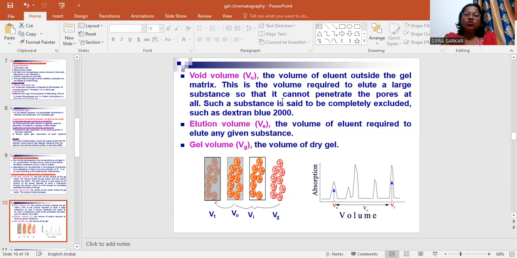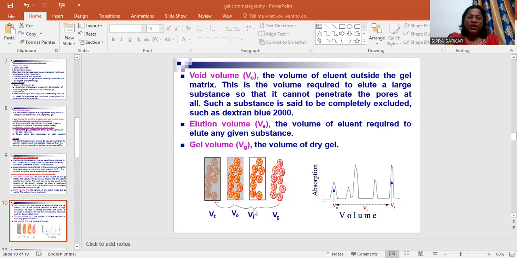Now gel volume, the volume of the dry gel. If we draw this picture, we will get V0, then Ve, the elution volume, and Vt, the total volume. Here you can see the diagram: Vt, the total volume, and V0, the void volume. You can see it like this by this column.